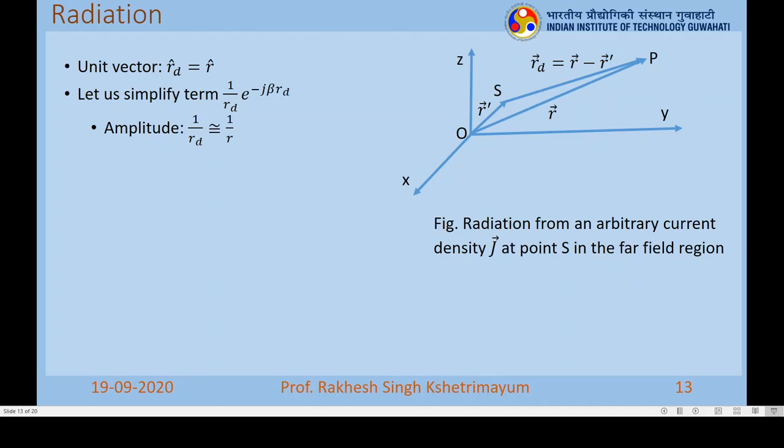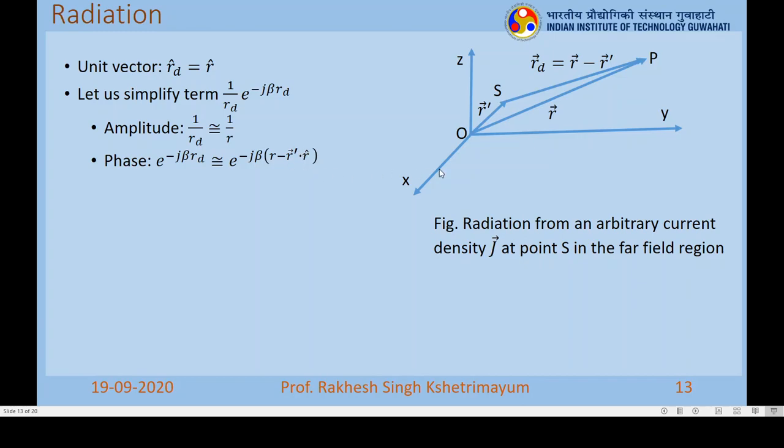So when you are at a very far away distance from the source, 1 by rd can be approximated by 1 by r, but in the exponential term you need to add one more term. This is the additional term you need to have. You need to subtract: r minus r dash dot r hat.